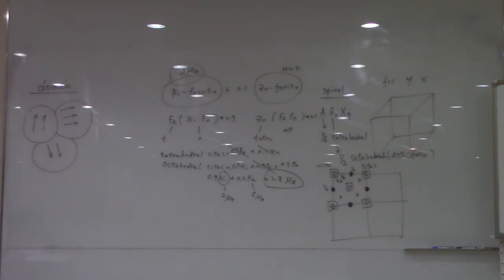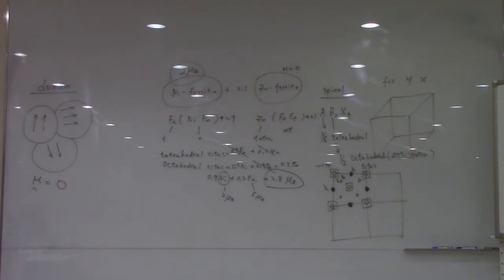So the net magnetization in ferromagnetic materials, which are spontaneously magnetized, can be zero in a normal case.